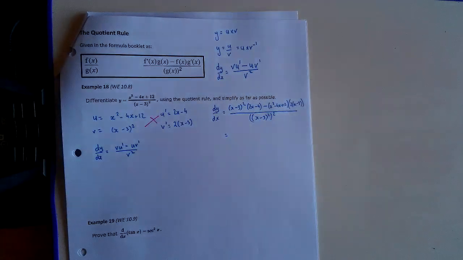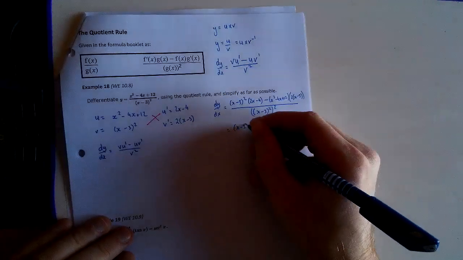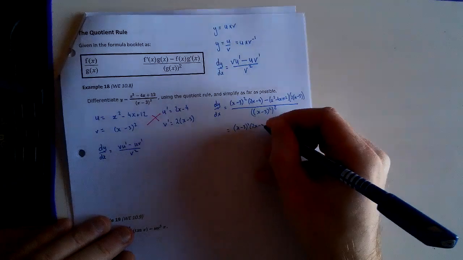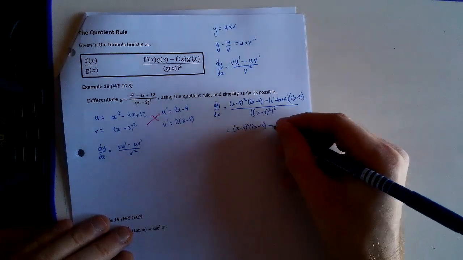Okay, I'm just going to simplify that slightly. So the first bit, can't really simplify that, so I'm going to leave it as this. The second term on the top, I'm just going to put the 2 to the front.